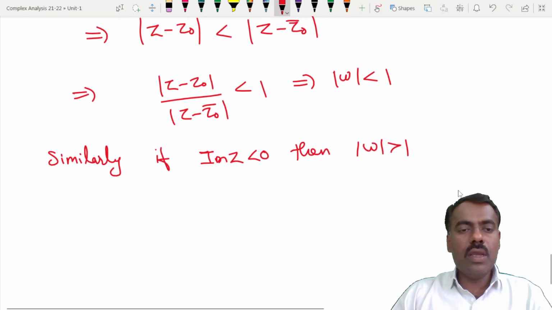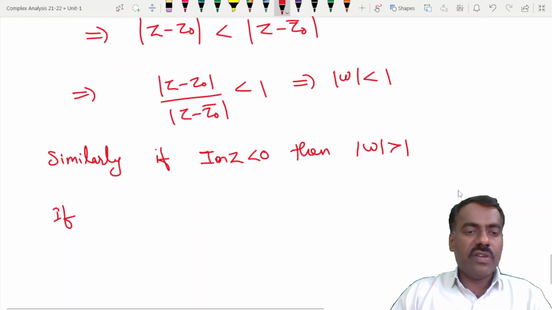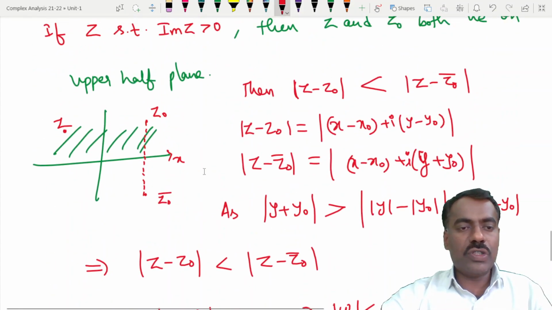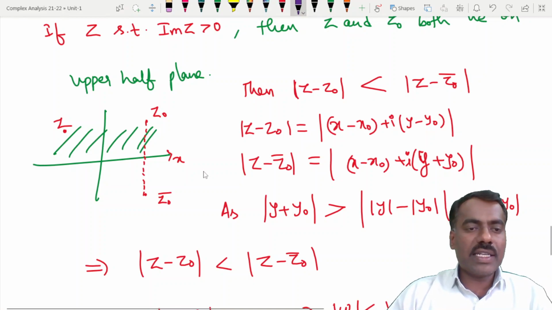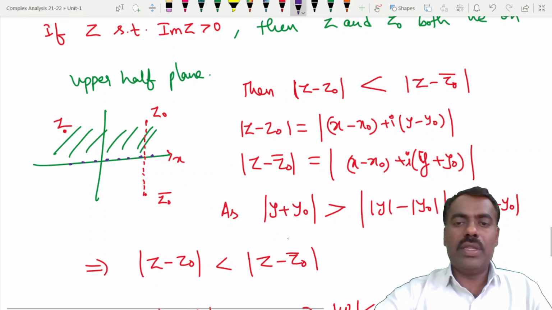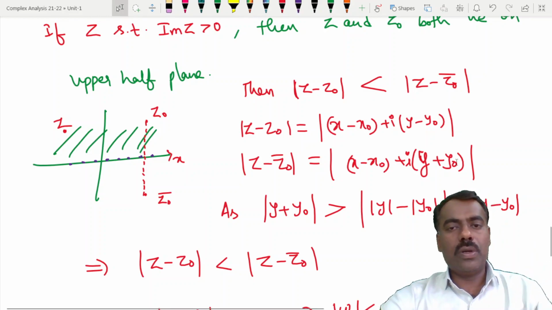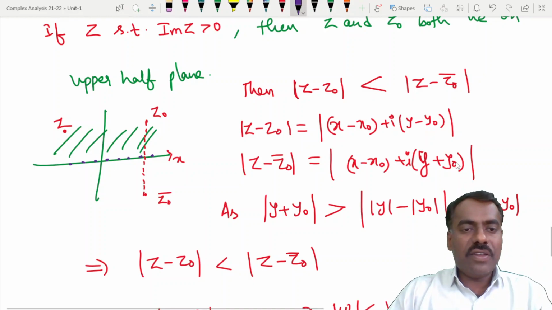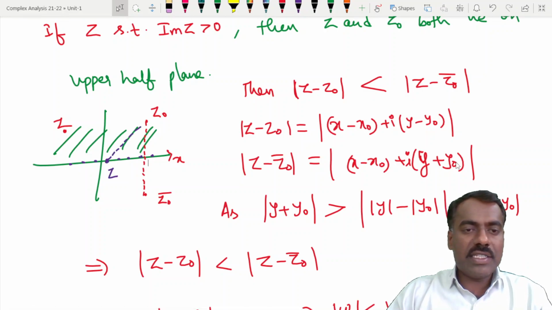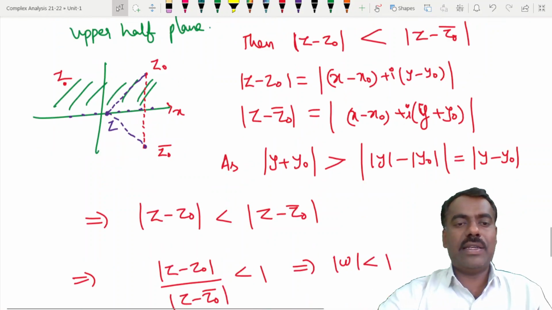Fine. Now if we want to show that any point here, on the x axis, should go to |w| equal to 1, that is true because if we take any point z here, one can easily check that the distance |z − z0| is the same as |z − z̄0|.